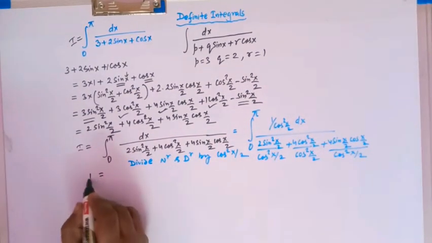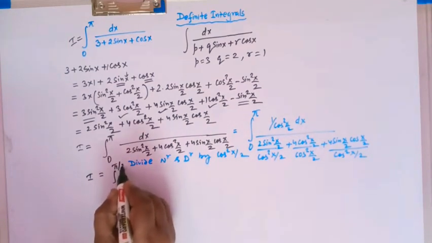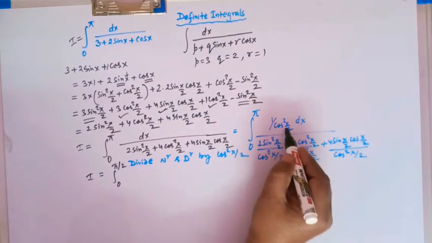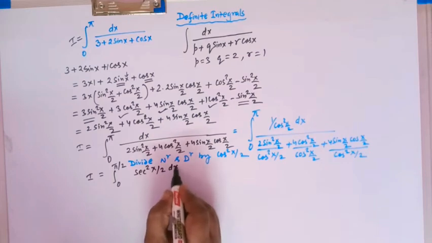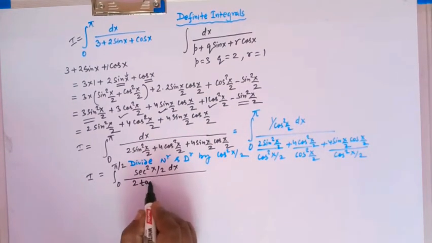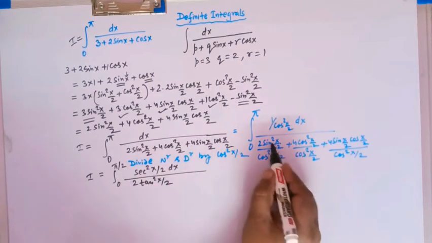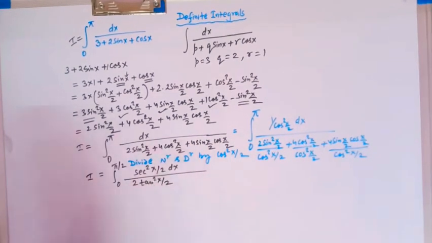So now this integral can be written like this: 1 over cos square x by 2 is sec square x by 2, so sec square x over 2 dx, and here we have 2 tan square x over 2, because sine over cos is tan and we have the square term.